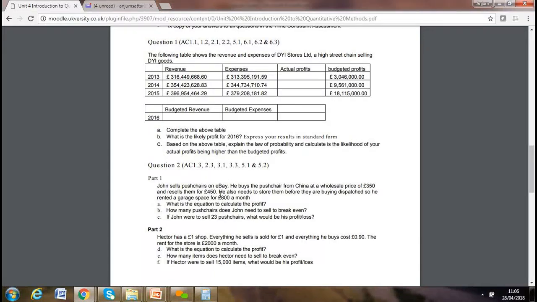The rented garage is paid each month, we carry on paying £800 a month. So if we sell 8 units approximately, we'll be at break even.